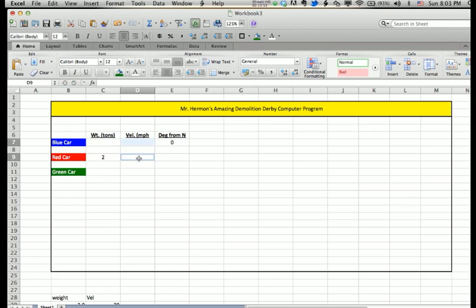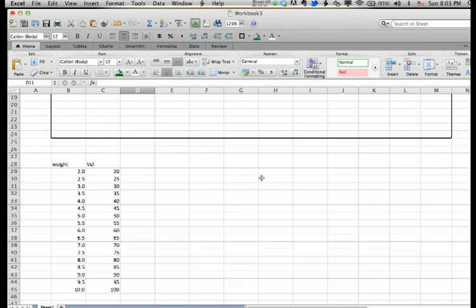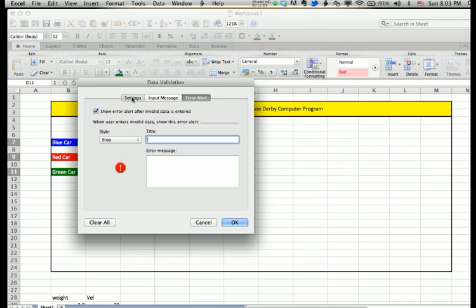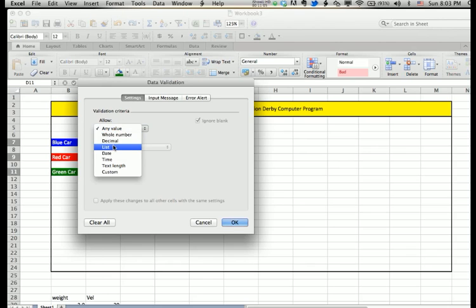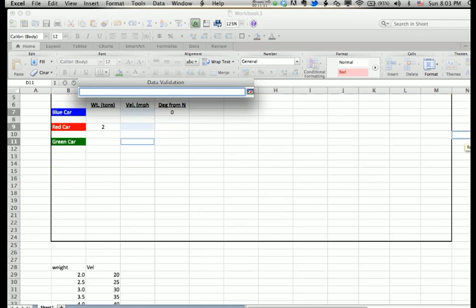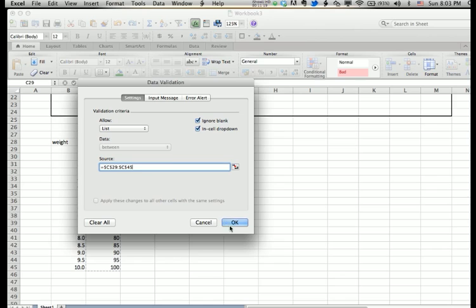Okay, so the velocities, I'm going to do the same thing. I'm going to hold Command and select all those, and then go up to data, validation, and get settings. I'm going to get a list again. My source for my list will be these. And I'll click OK.